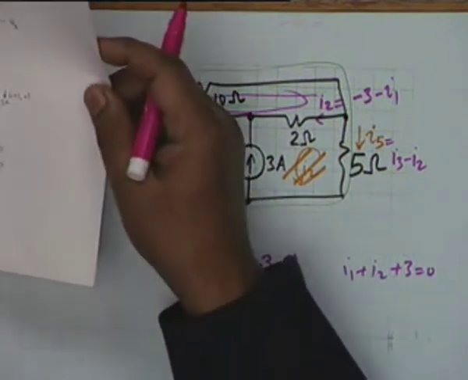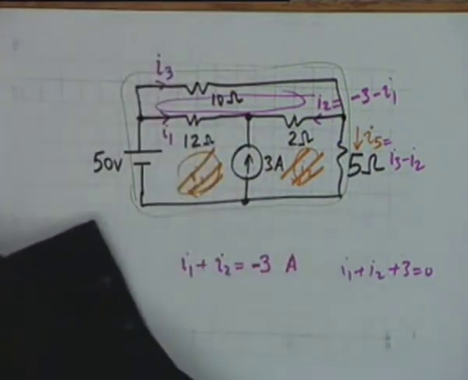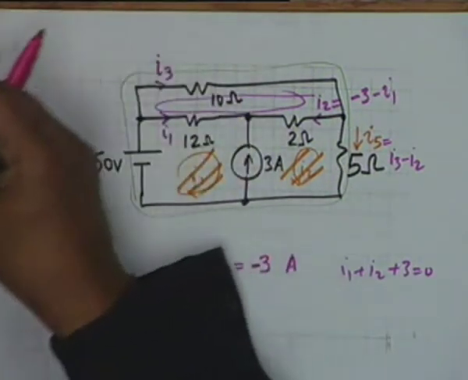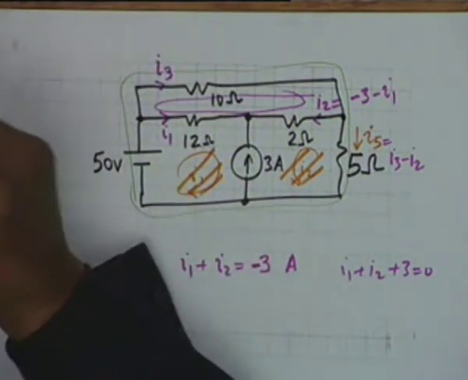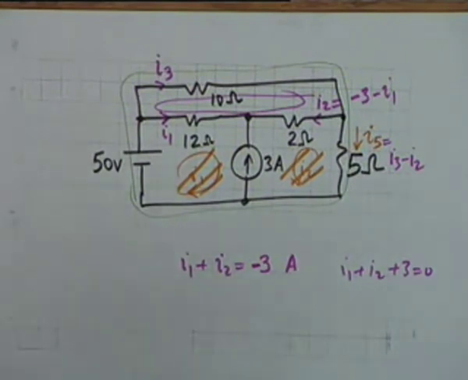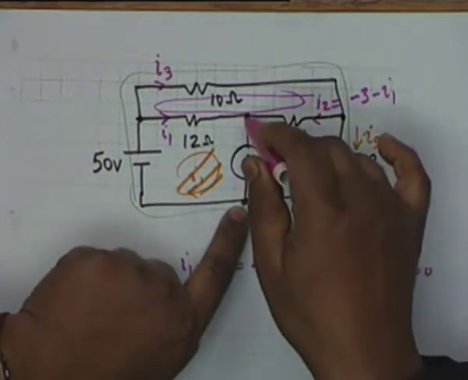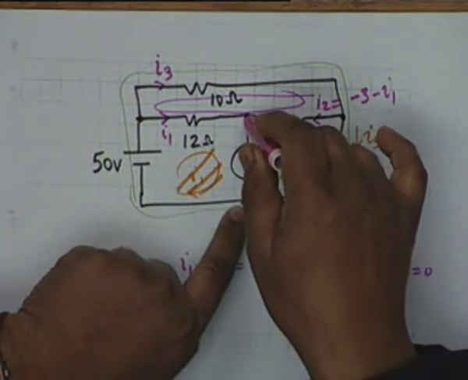Okay. Pardon me? So, this current source, it generates a current of 3 amperes, but not necessarily the current in this part of the wire, between the 2 junctions between which this current source lies. It's not necessary that the current in this portion is also 3 amperes.